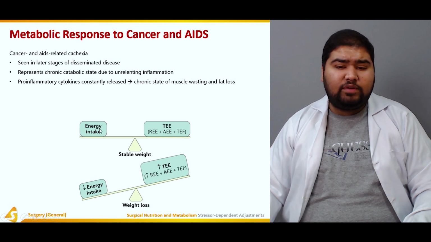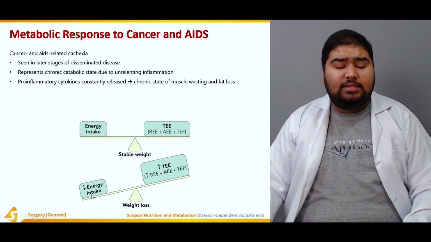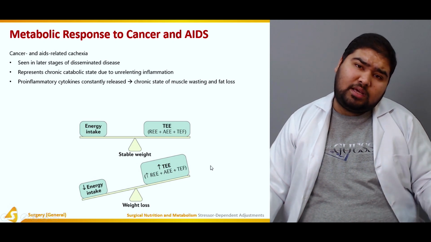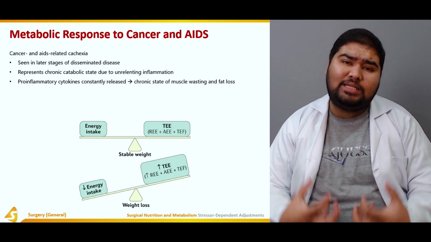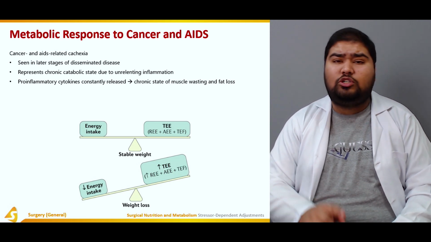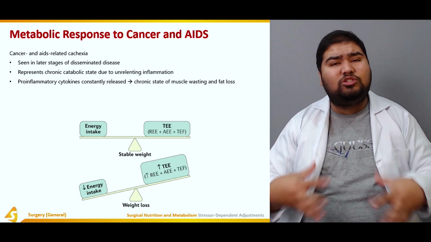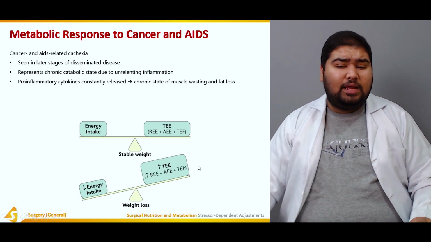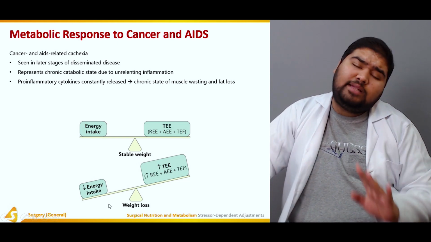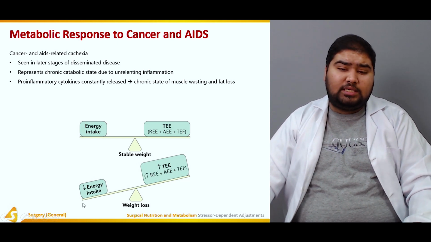So the equation, where usually energy intake is equal to total energy expenditure, here the energy intake has decreased and the total energy expenditure has increased, because in order to fight the inflammation, to fight off the infection, to just get on with the bodily processes, the required energy is increased. However, the intake is decreased, so there's weight loss and wasting in these patients because the energy intake is low.